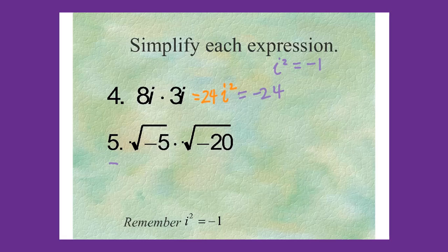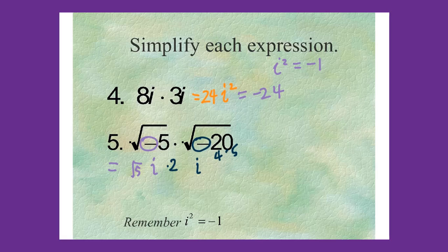For number 5, whenever you see the negative sign in the square root, we get the i. So we got the square root of 5 times i. For this one, we have another i. For 20, I can do 4 times 5.